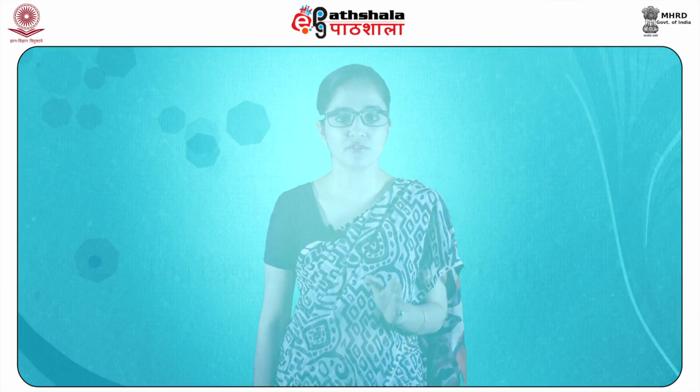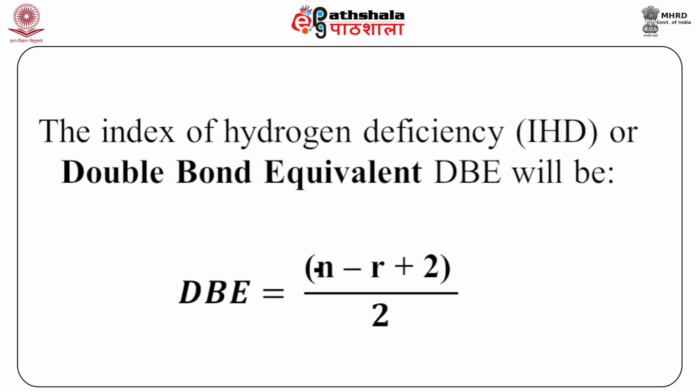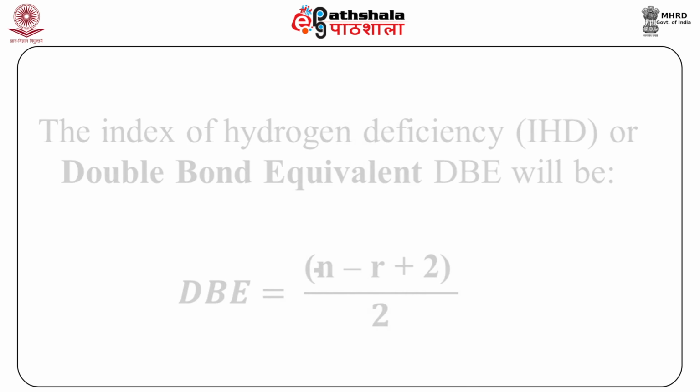When a molecular mass M+ is known, a base formula can be generated, which is mathematically stated as M/13 = n + r/13. Now the base formula will be CnHn+r. The index of hydrogen deficiency of this molecule, or double bond equivalence, will be (n - r + 2)/2.